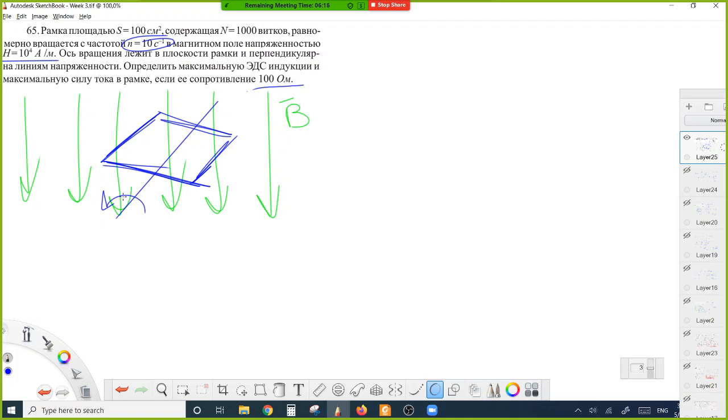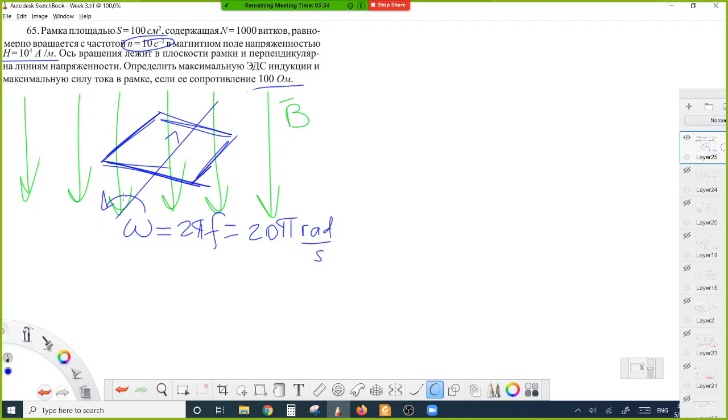So the angle between the axis of rotation and the magnetic flux density lines is 90 degrees, and the frequency of rotation omega is equal to 2πf. Here f is given as 10 hertz, and we have omega equal to 20π radians per second.